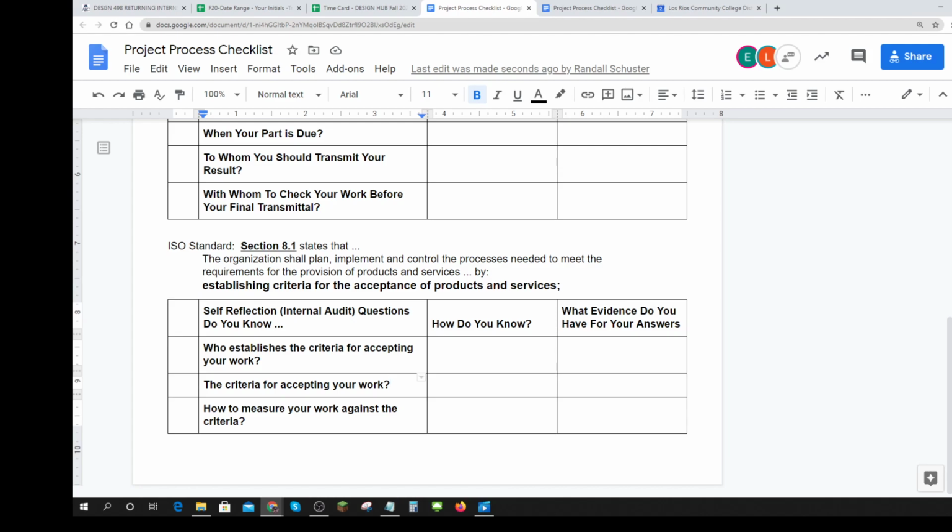Do you know the criteria for accepting your work? Now, Leah, we just sort of changed your criteria through a conversation. Okay? But you still know what that criteria is.